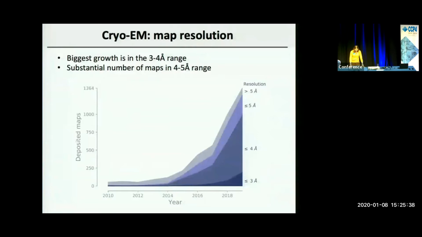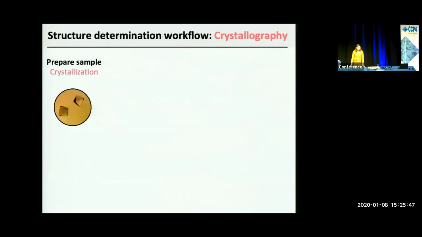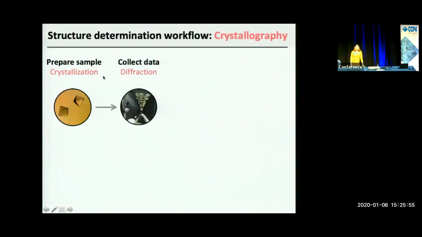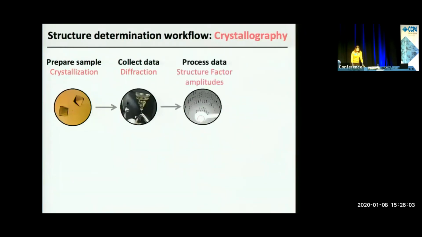So before moving on to refinement, I'd like to contrast the workflow of the two methods, X-ray diffraction and cryo-EM. We've seen that a little bit already in some of the talks today. So for crystallography, when we prepare our sample, we want to get crystals. Once we have crystals, we move on and collect data. So we perform a diffraction experiment, and then we get images, and we process these images, and this will yield structure factor amplitudes.